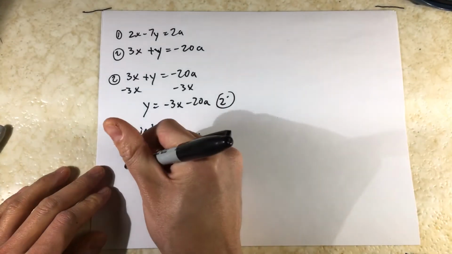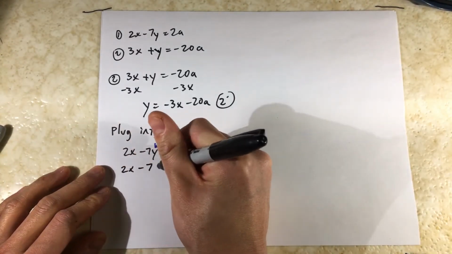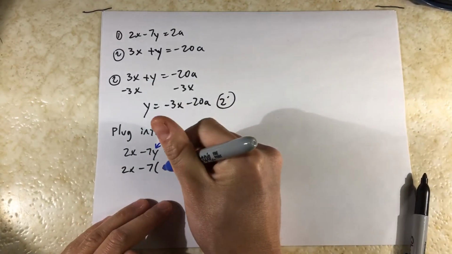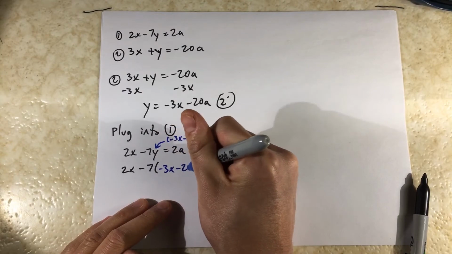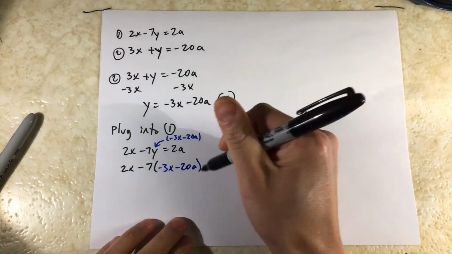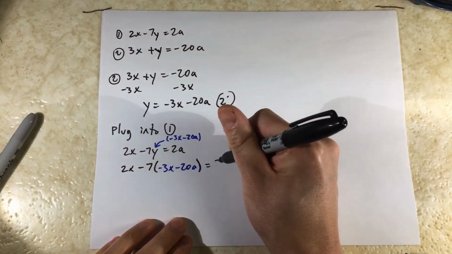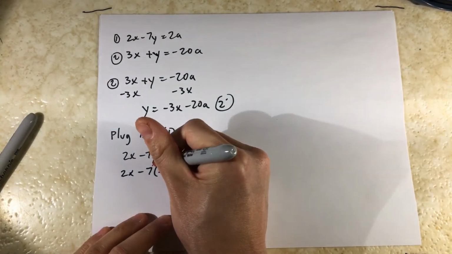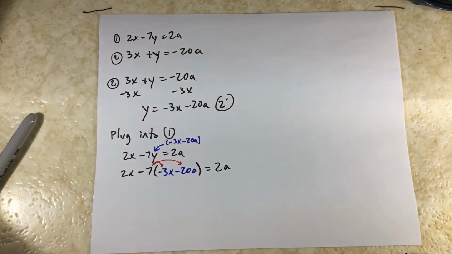So I get 2x minus 7 times minus 3x minus 20a equals 2a. So I distribute this like that.